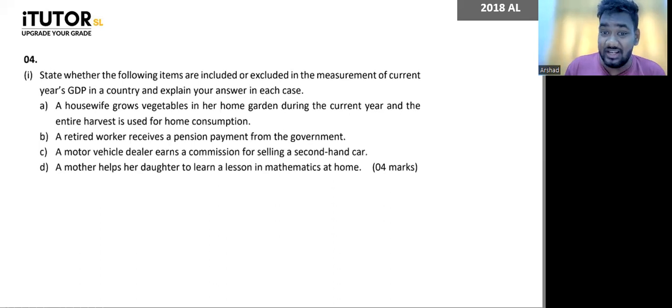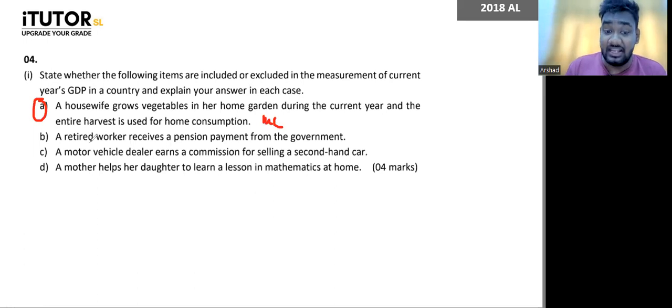Where is it included? It's included because these are goods produced by households for their own consumption. So goods produced by households for their own consumption are included in GDP.